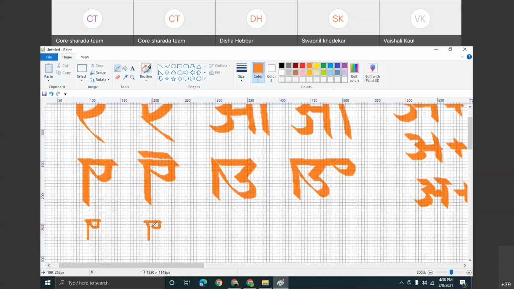So don't join this. It is like a parallel line. They should not combine. A, I, O, Au. So these are the four.